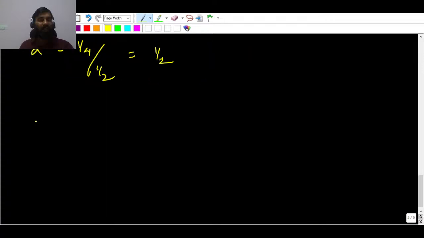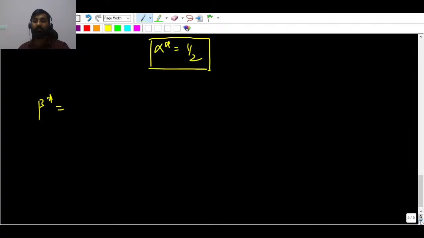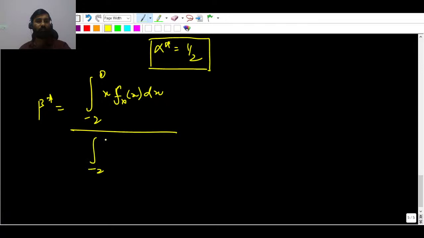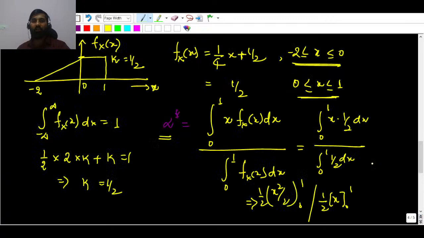Now it's time to compute beta star. Alpha star you have. So here again from -2 to 0 we have to integrate x times f of x. As we know, in this interval from -2 to 0, this is the density function.